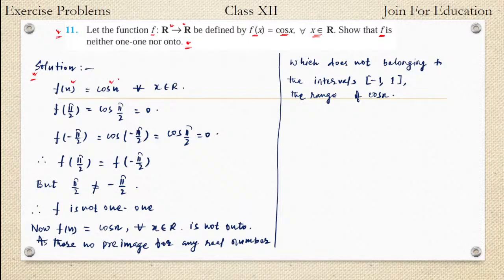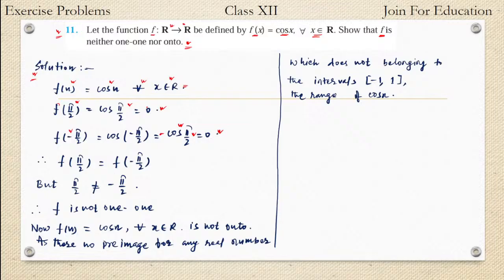f(x) equals cos x for all x in the real numbers. We consider the value of the function when x equals pi by 2. So this will be cos pi by 2, and we know that the value of cos pi by 2, or cos 90 degrees, equals 0. So f(-pi by 2) equals cos(-pi by 2), which equals cos pi by 2, and we know the value of cos pi by 2 is 0.